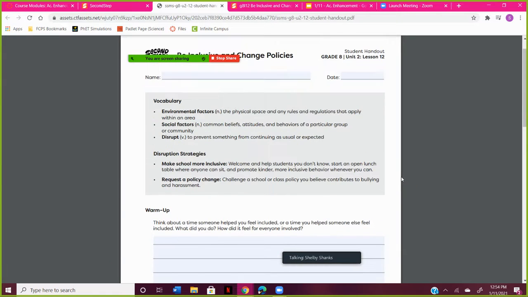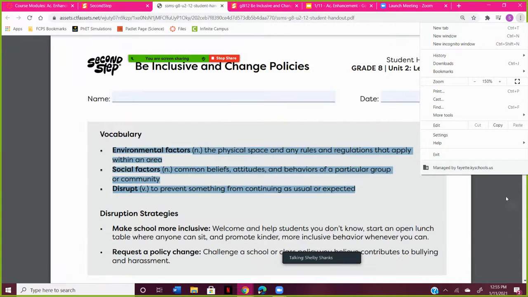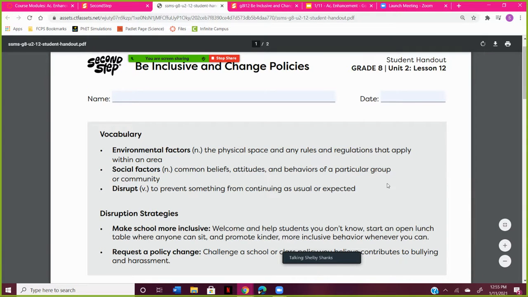Okay, so we did this warm-up. I want you guys to take a look at this vocab right here. I'm going to zoom in just a little bit so you can see it a tiny bit better. But take a look at these vocab words. These shouldn't be new except for this disrupt. Okay, so we learned about environmental factors last semester, hopefully, with your other teacher.